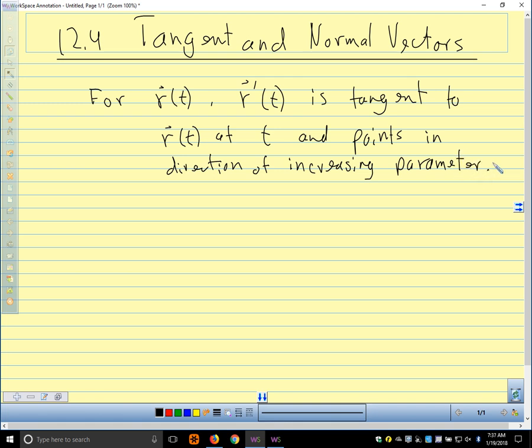If we interpret r of t as a position function, we can do that. We do not have to. It's not always, r of t does not necessarily always represent position.